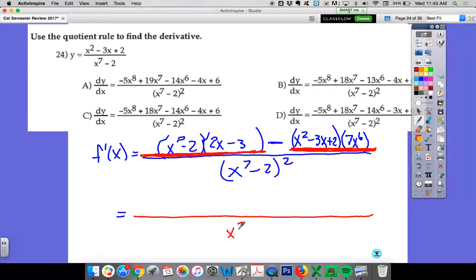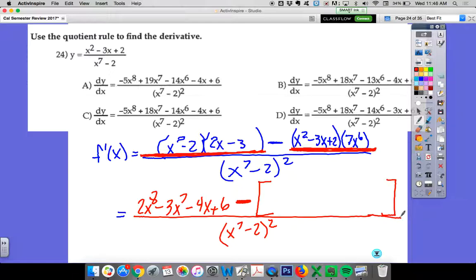So we're going to multiply this first part out: x to the 7th times everything, and then negative 2 times everything. So that's the front. Then there's our huge minus. You need to block off the back, because if you don't block off the back, you're going to miss out on distributing that negative. That is a big stinking deal. And then just distribute your 7x to the 6th.